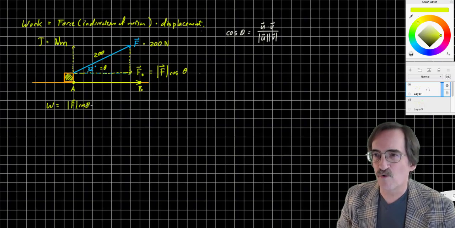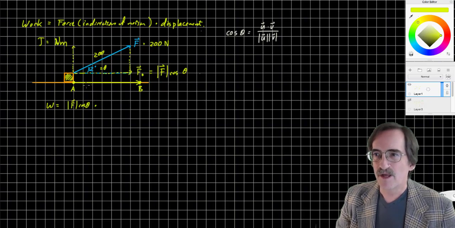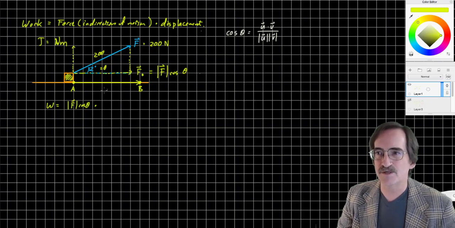That's the force in the direction in which you're moving times the distance over which you move. So we're going to move between points A and B. Now A and B have nothing to do with the magnitude of the force. It is the distance that you're moving.